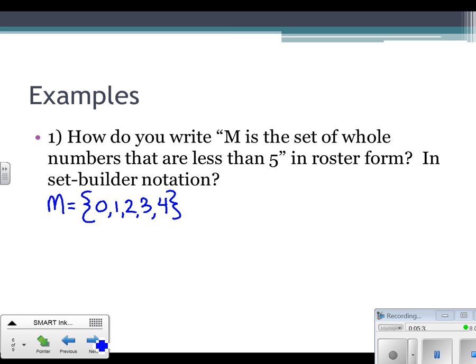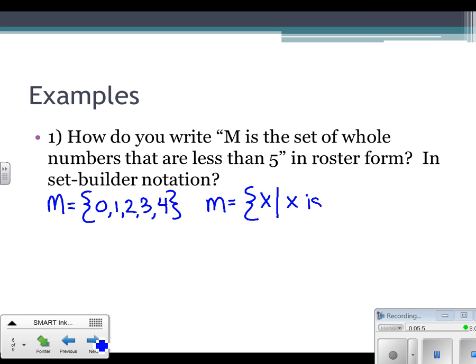In set builder notation, where it's more descriptive, you would write a brace and you'd write X. And so as we're writing this, this is the set of all real numbers X such that we write a vertical line segment.